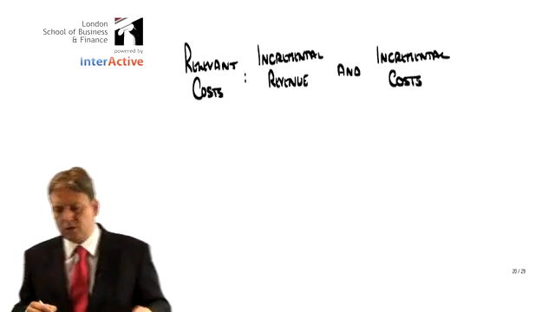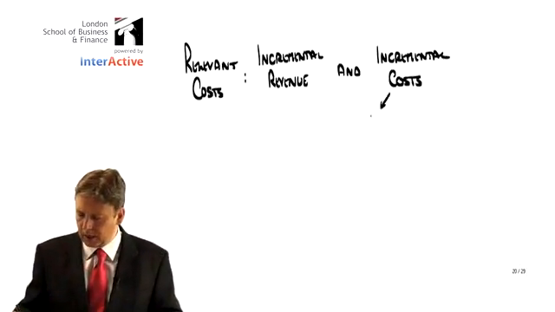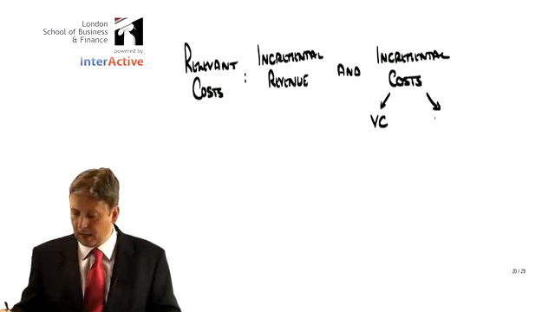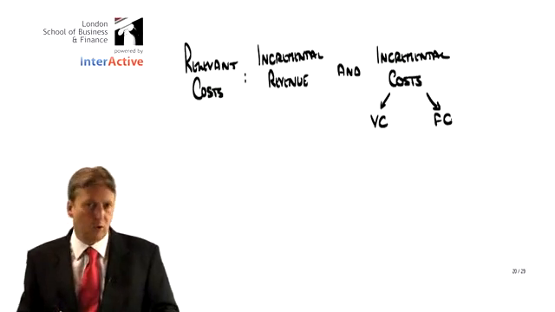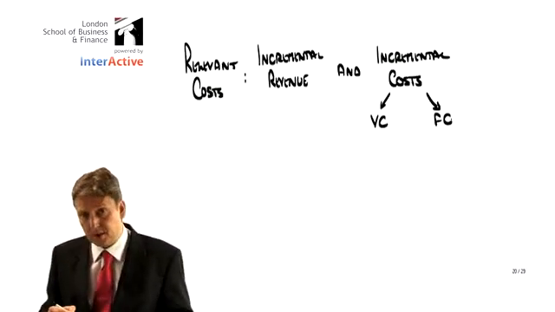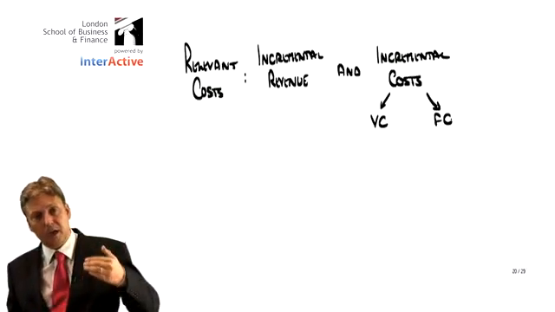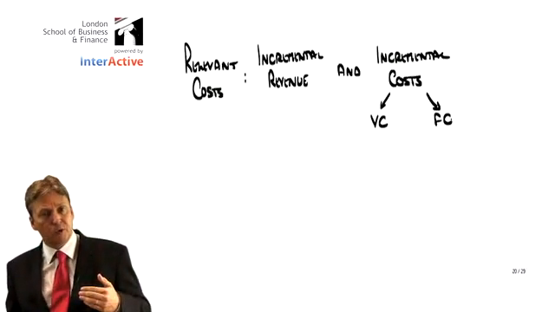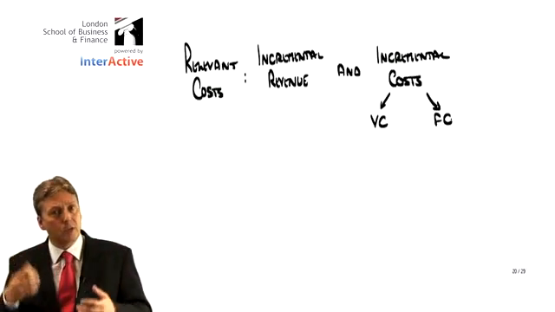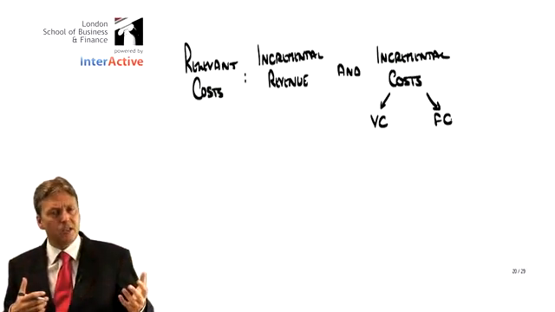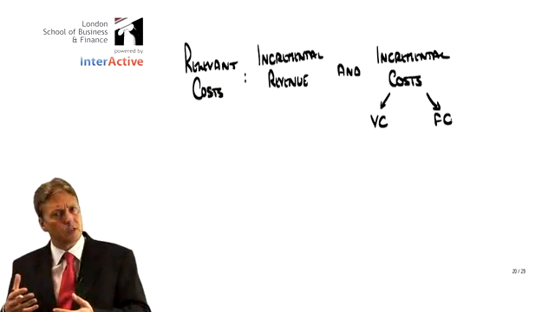Now, of course, the incremental or additional costs are likely to have a variable element, but they may well have a fixed element as well. When we deal with the question, what I like to do is to analyse bit by bit. First of all, see whether the incremental revenues can cover the variable cost. Then see whether they cover the fixed cost, and so on.